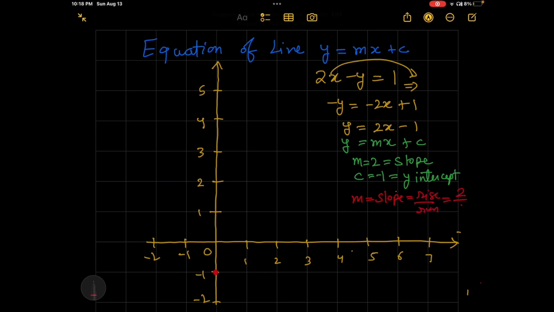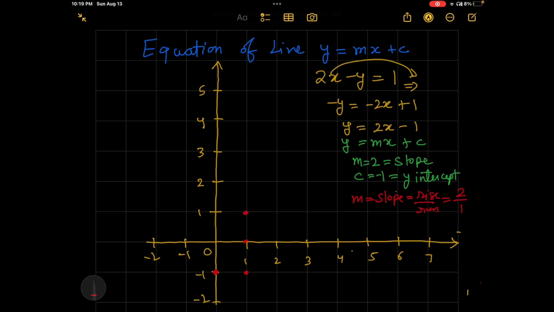So 2 can be written as a fraction, 2 over 1. So the rise is 2 and the run is 1. Rise, of course, is vertical movement. Run is horizontal movement. So from here, we move one point in the horizontal direction and then 2 points in the vertical direction. 1, 2. So this is our second point through which this line should pass.